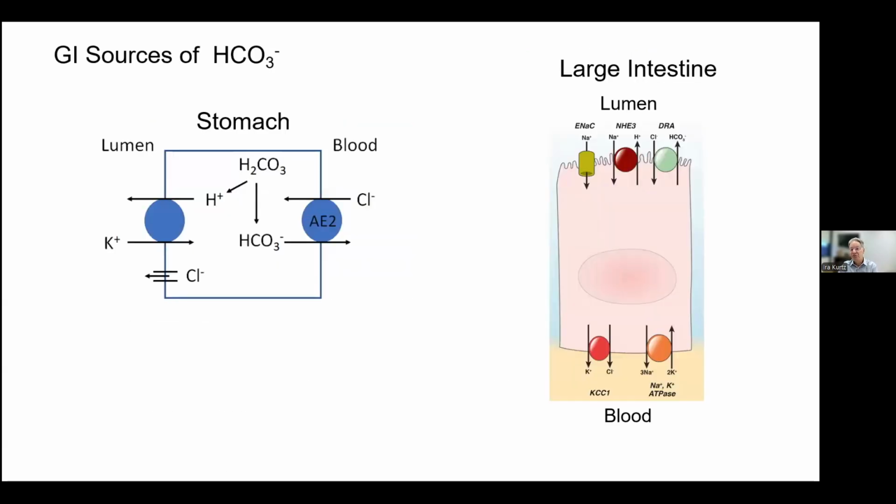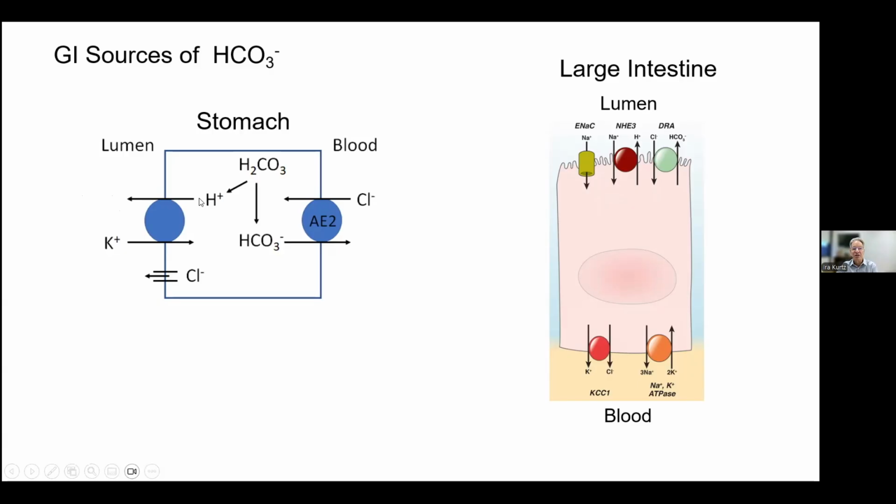And there are transporters in the stomach and the large intestine that are affected and lead to the generation of the metabolic alkalosis. Usually we're thinking of the stomach with a vomiter where we have the potassium hydrogen exchanger on the luminal side. And this occurs also after the so-called alkaline tide, where a proton is secreted in exchange for potassium.